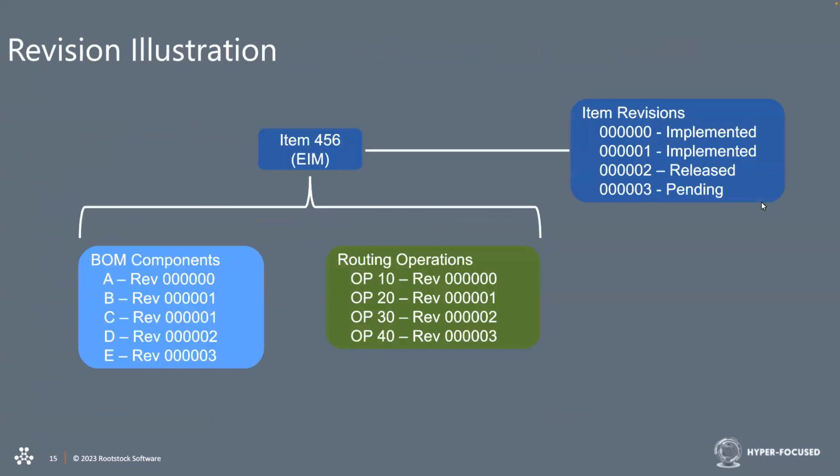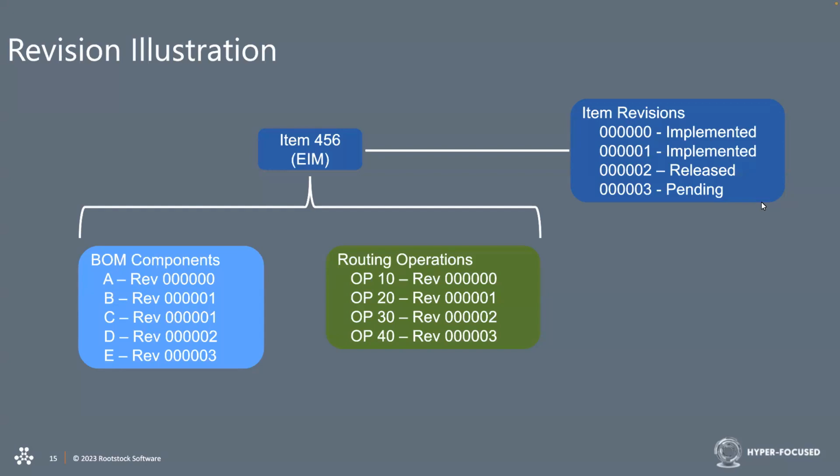Here's an illustration of the revisions. What you're looking at on the right-hand side is the original revision, 6 zeros, plus 4 different revisions of this bill of material. We started off with the first revision that had component A and operation 10. Then revision 0001 added components B and C and operation 20.